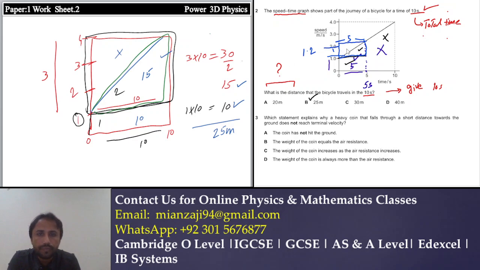So the overall rectangle area is 1.2 multiplied by 5. You just half this: 1.2 multiplied by 5 divided by 2.